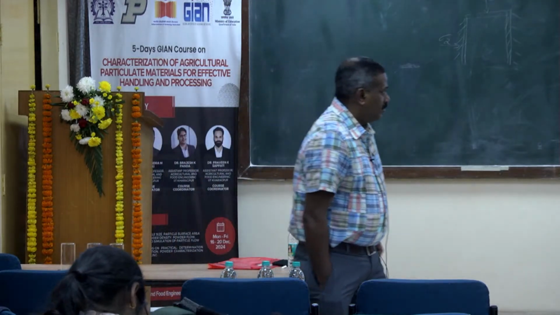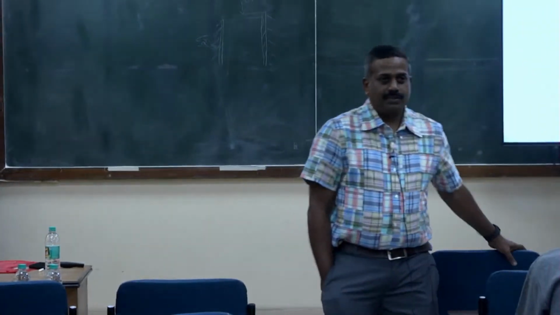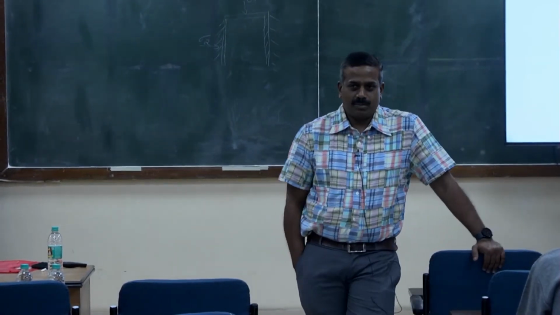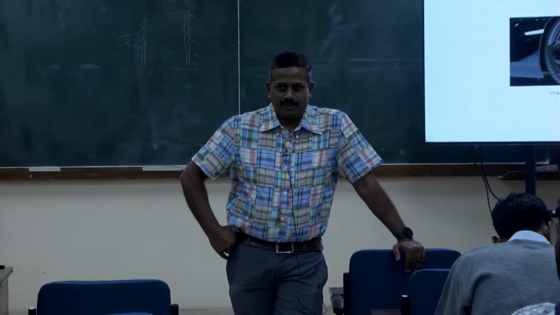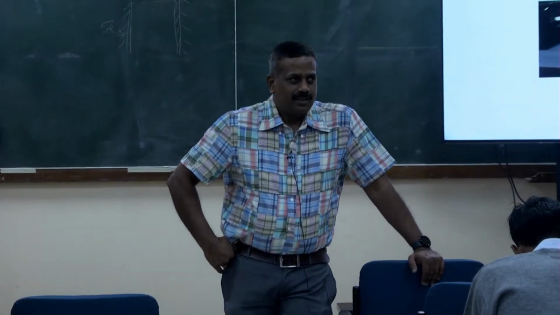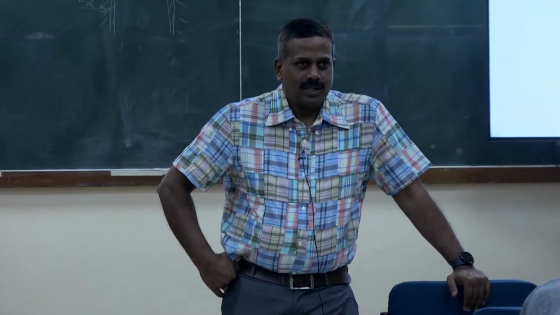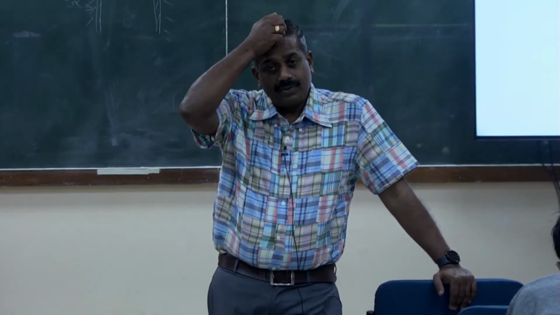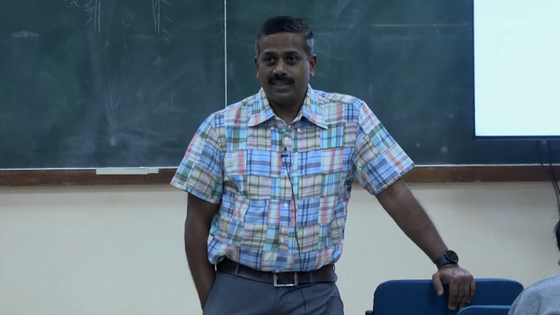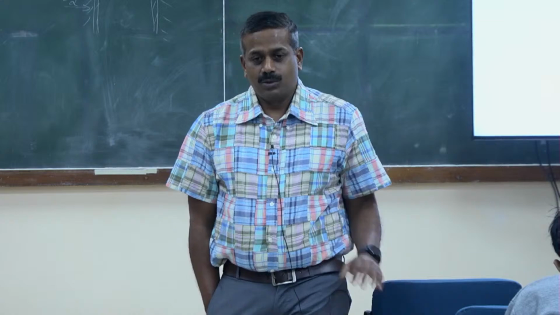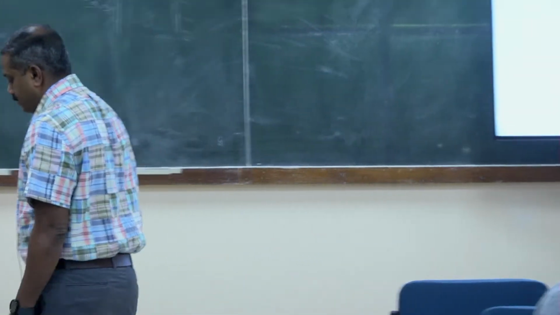Okay, if not, we'll talk about coefficient of restitution. It might be useful for you, for coefficient of restitution and friction too. We talked about angle of internal friction, static friction coefficient, etc. That's used in the pressure calculations.